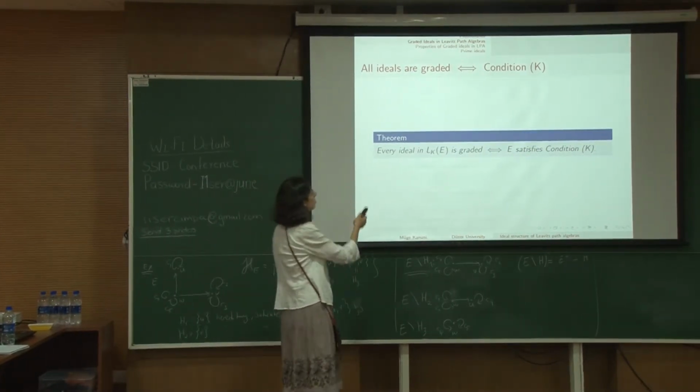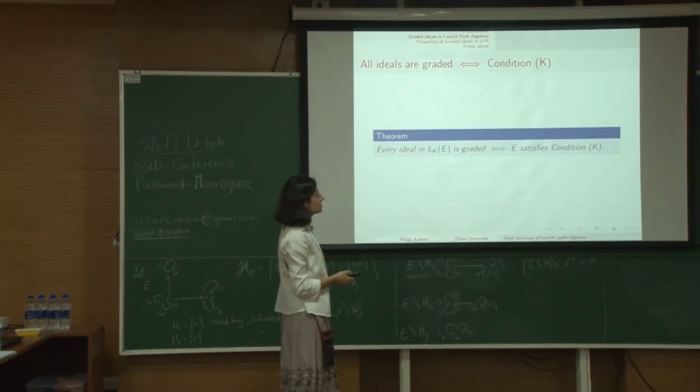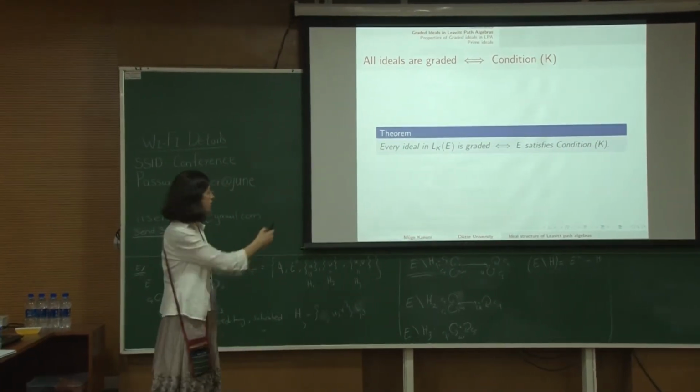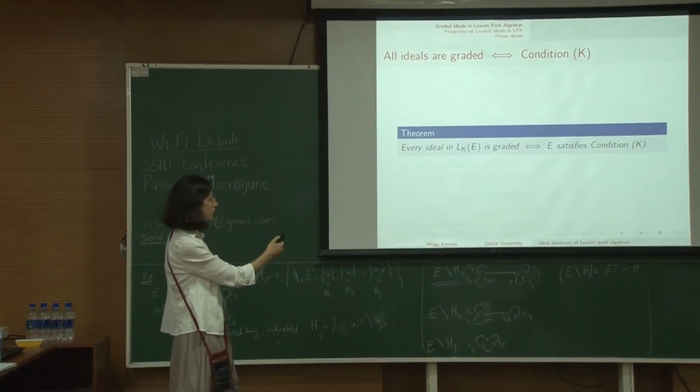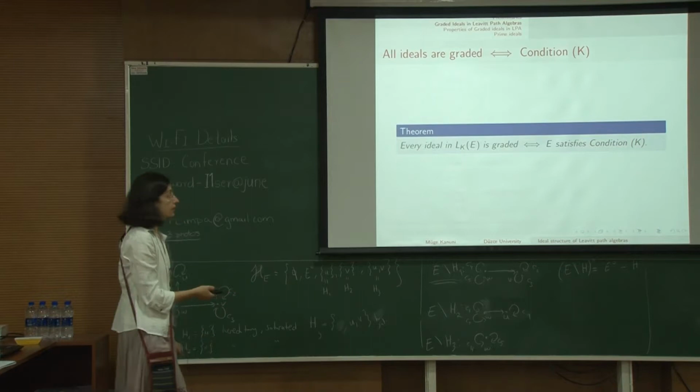We mentioned condition K. If the graph satisfies condition K, then we are extremely happy because then every two-sided ideal of the Leavitt path algebra is graded.